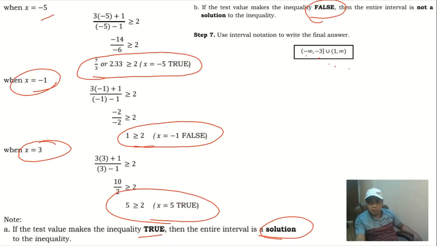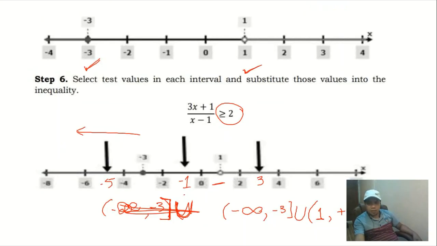Okay. Okay na ba? Ayan na. So, yun yung pinakasagot niya. Hindi kasama yung 1. Kaya, parenthesis ang ginamit. Kasama si -3. Kaya, close bracket ang ginamit. And that's it. Thank you.